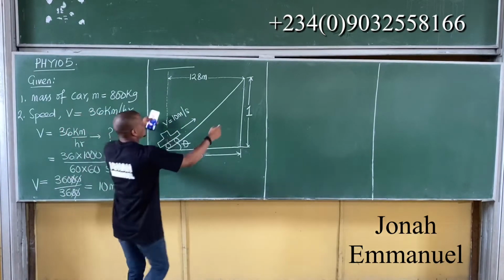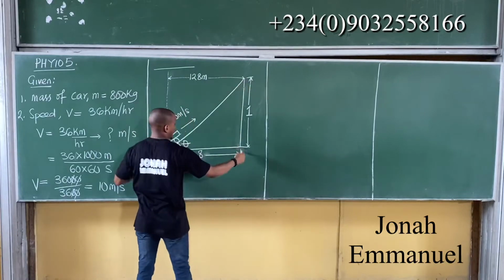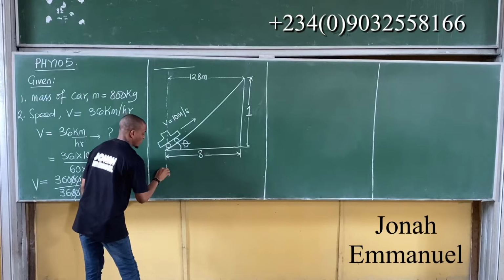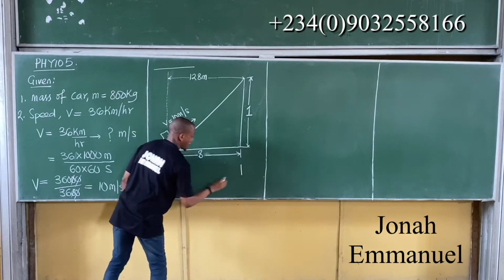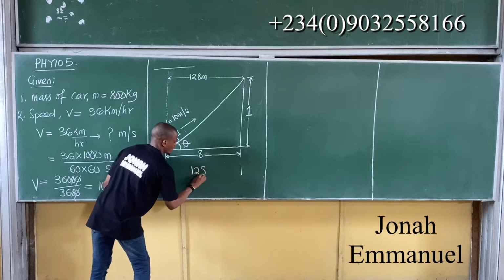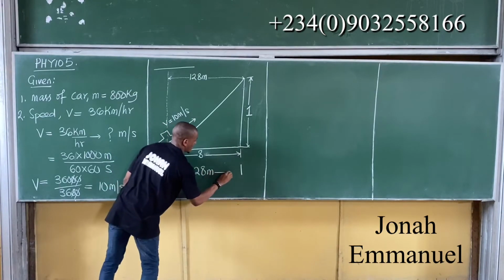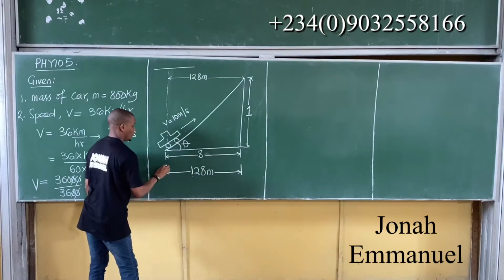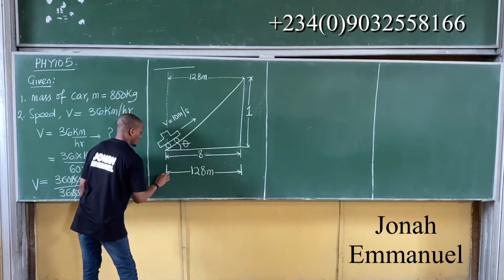Of course, I could still simply bring this one down here. That means the actual value of my distance from here up to this point is about 128 meters. So I have this as my actual value.